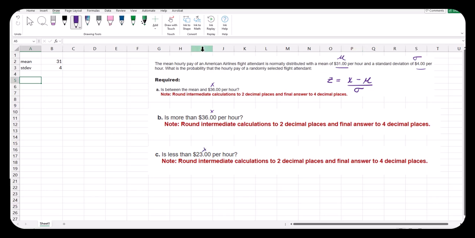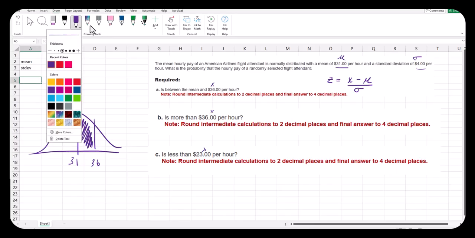So this first one, if it's between the mean, let's draw a normal curve so we can see what this looks like. The mean is 31 and it's between the mean and 36. So 36 would be somewhere right here. We don't know exactly where it is. What they're asking you to do is find this area right here.